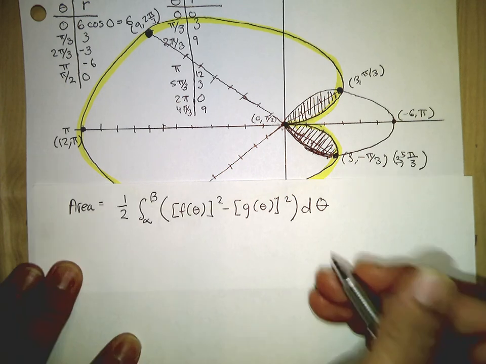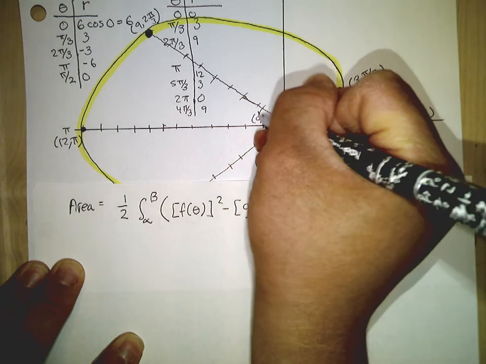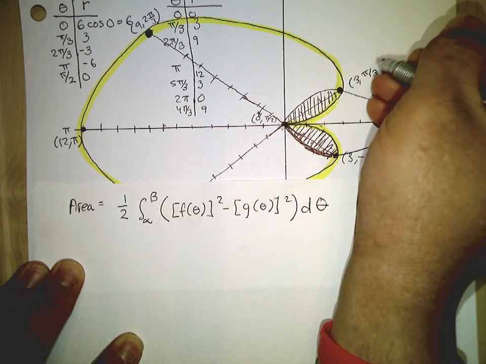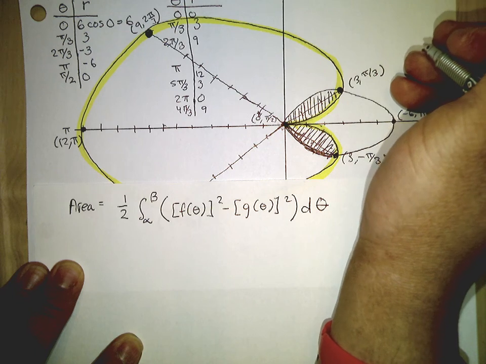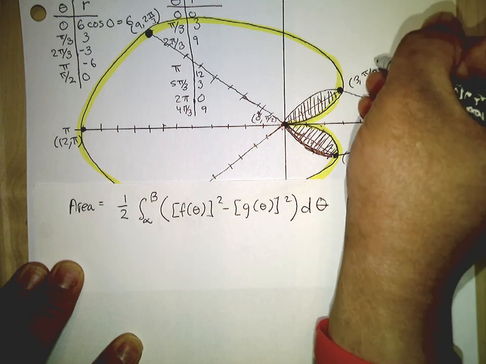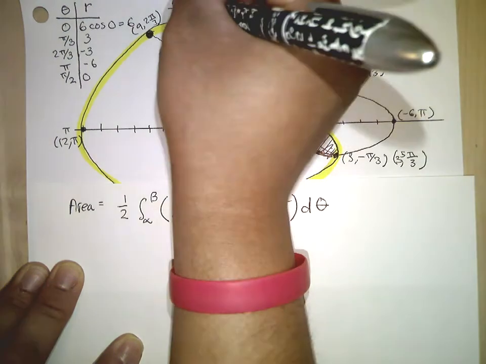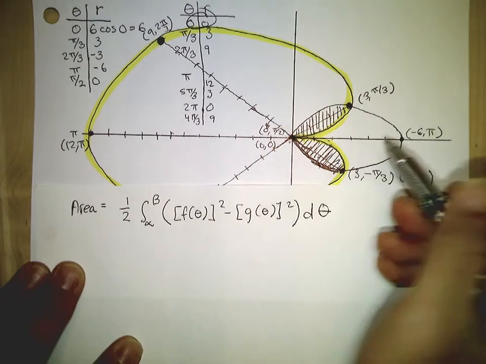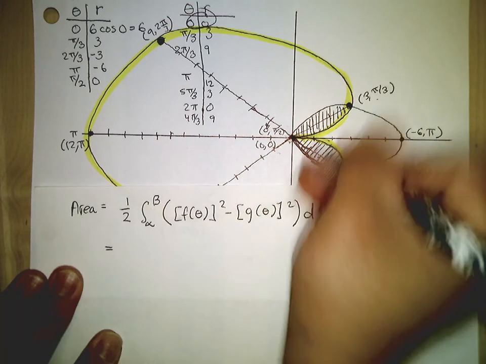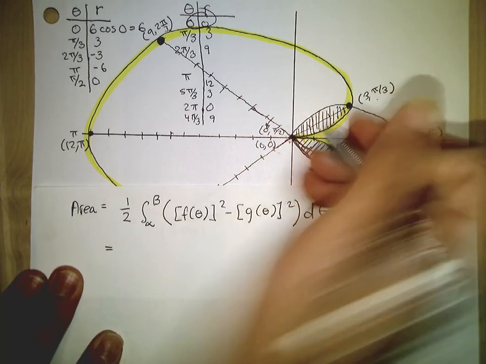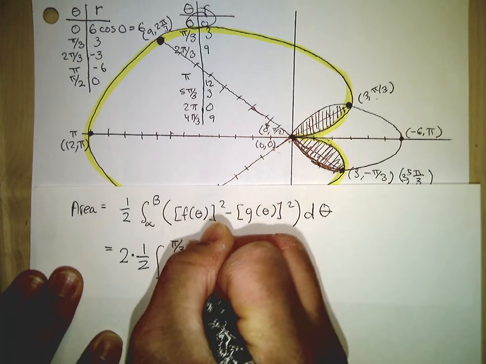And now we see that this is going from 0 to, because remember this is also 0, 0. All right. 0, 0. 0 to pi over 3. And we double this to get both of these areas at the same time. So 2 times 1/2, 0 to pi over 3.